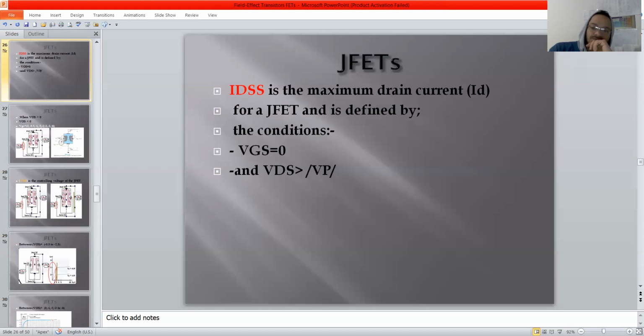And here, emitter, base, and the last one is the collector.